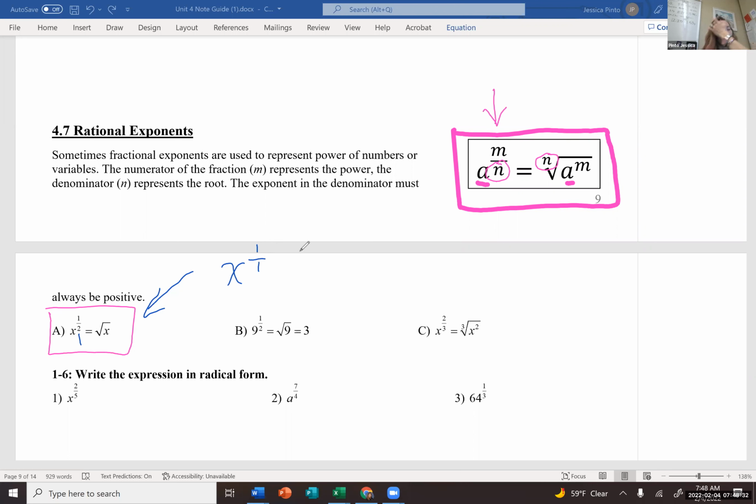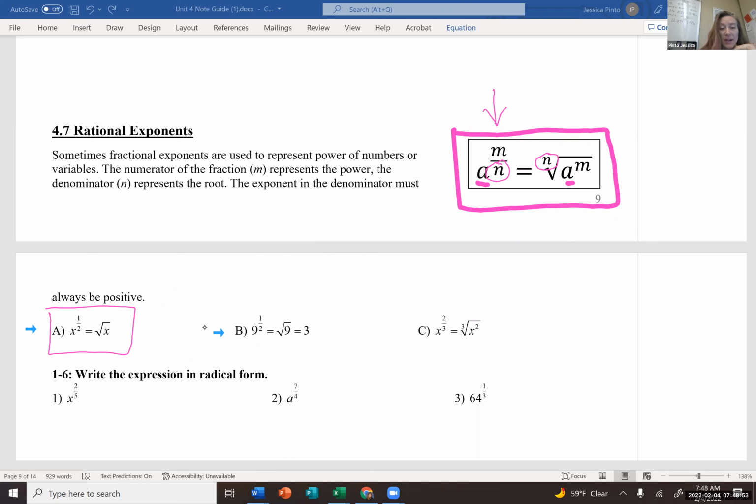Hello, that's not going to work out. That's just going to be x to the first power, and that's no longer going to need that radical. That's just a regular x. So this is an important piece of information to remember.